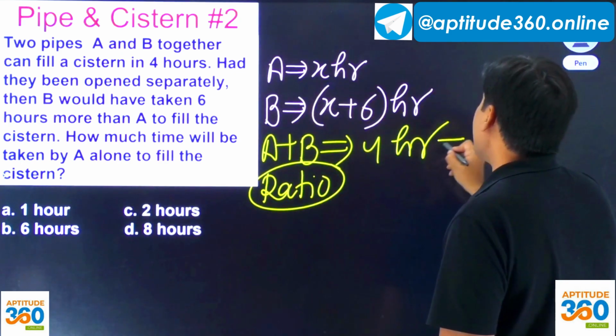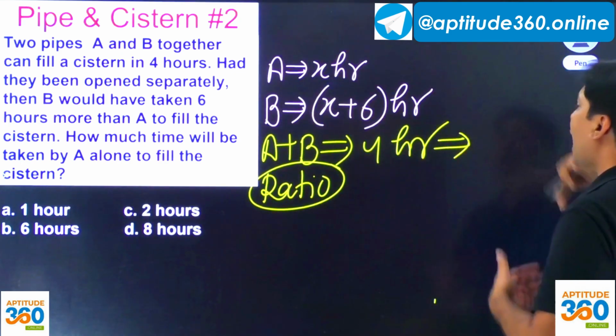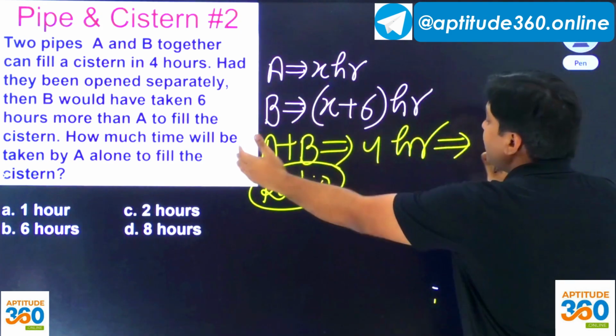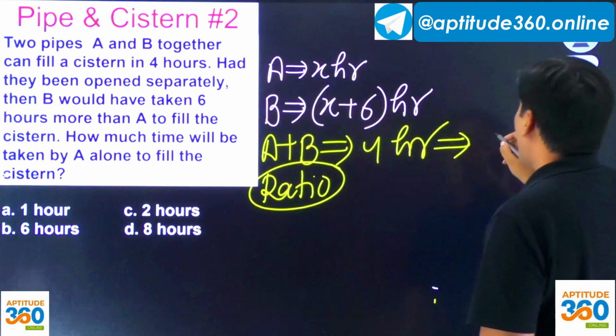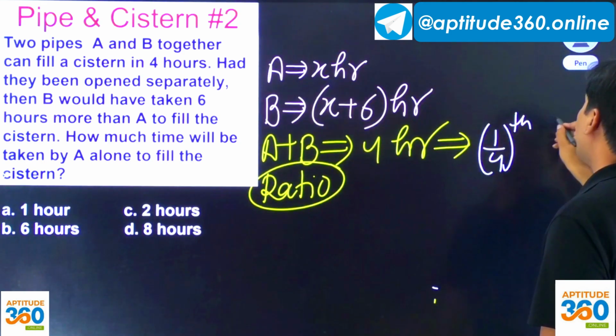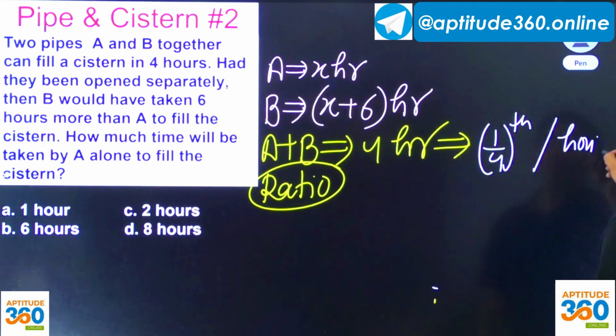कैसे हो जाएगा? अंडरस्टैंड दिस। ये 1 घंटे में कितना पानी देगा? I don't know what is the capacity of the tank, but I know for sure since they can collectively fill in 4 hours, so in 1 hour they can fill 1/4 per hour. Is that okay?